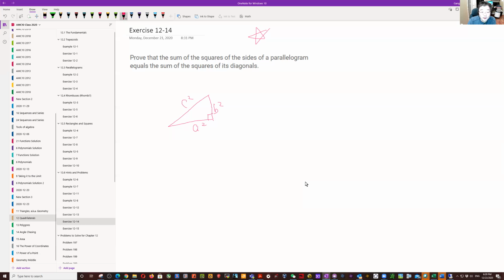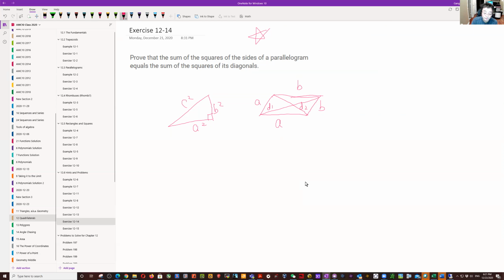So basically, the sum of the squares of the sides of a parallelogram equals the sum of the squares of its diagonals. If you have a parallelogram like this, and for example this is side A, this is side B, this is also side A, this is also side B, then we have diagonals D1 and D2.